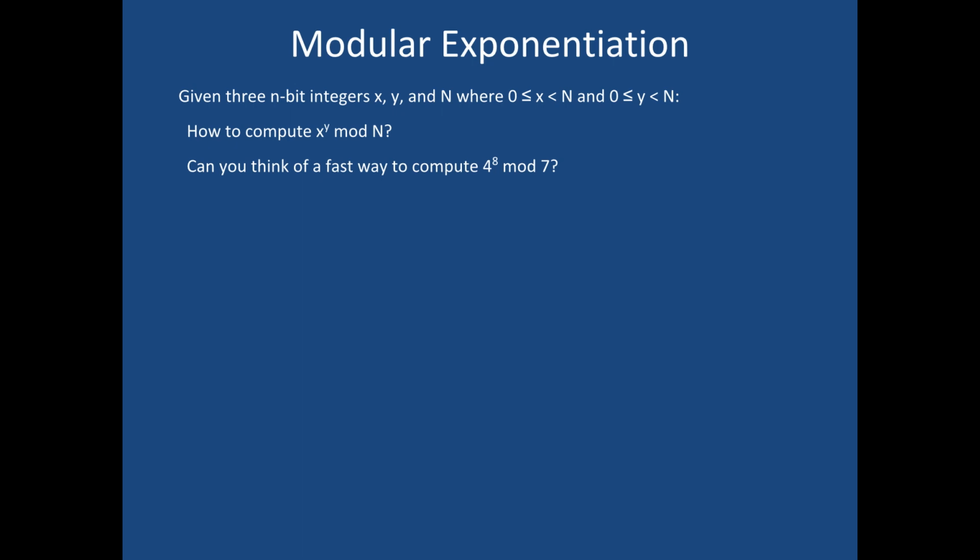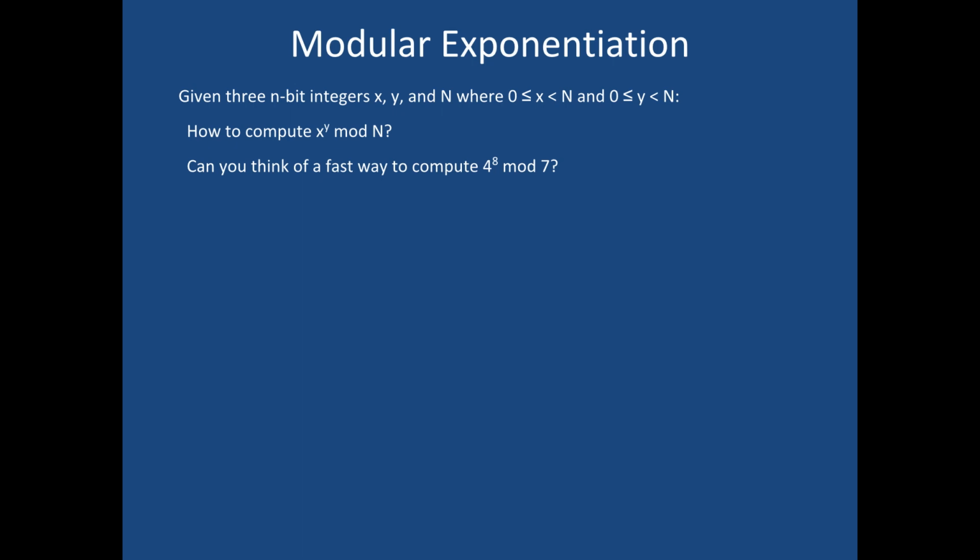Do we make 4 to the 8th into 2 to the 16th, and then turn that into 2 to the 3rd? You're trying to simplify it using the techniques we talked about at the beginning of the class. There may be a way to do that, but in this case I want to take advantage of the exponent being a power of 2.